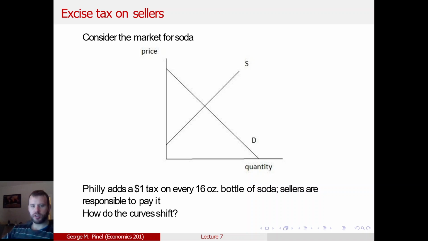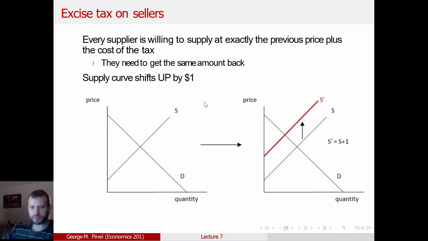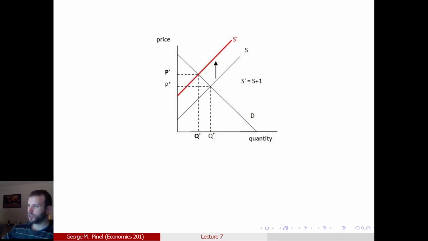So we said that if there's a tax on producers, it's going to shift up the supply curve by the amount of the tax. And what does that do? It creates a disjoint. It increases the equilibrium price to P prime, but it also decreases the amount that producers receive.